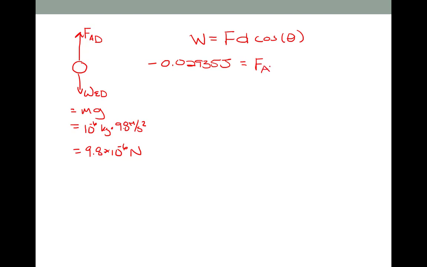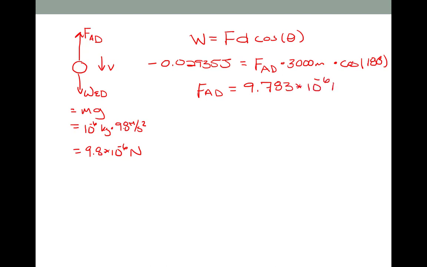The force in this case is what we want to know. So force of the air on the drop. D is going to be 3,000 meters because that's the distance it falls through. And our angle is going to be 180 degrees because friction points upward and velocity points downward. And if you put that all in, you get that this force is 9.783 times 10 to the minus 6 newtons.